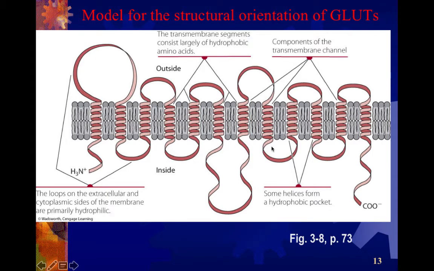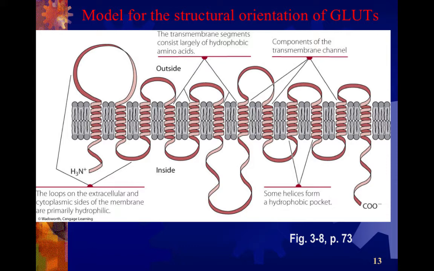Let's see. Some helices form hydrophobic pockets here. So there's different characteristics of these proteins, but the bottom line is down at the other end, here is the carboxylic acid group or the carboxyl terminus of this protein. So this is one GLUT protein in this membrane. Now, some of these GLUT transporters might work together.